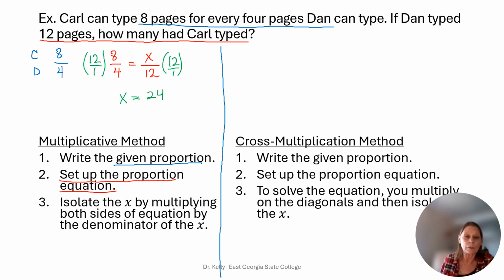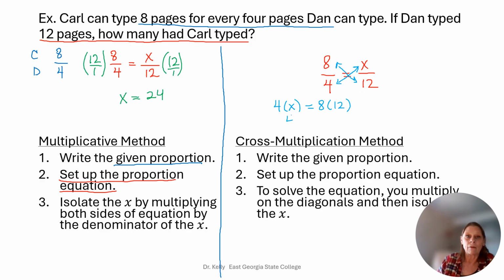So the first two steps are exactly the same. So I'm going to just write our equation down here. 8 over 4 is equal to x over 12. Now, just as it suggests, the cross multiplication means that we multiply on the diagonals. Okay? So our equation becomes 4 times x equals 8 times 12.